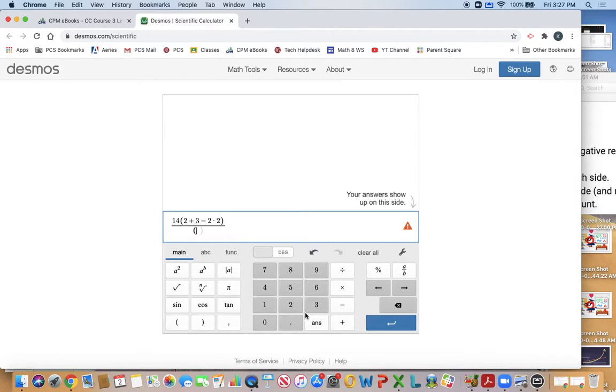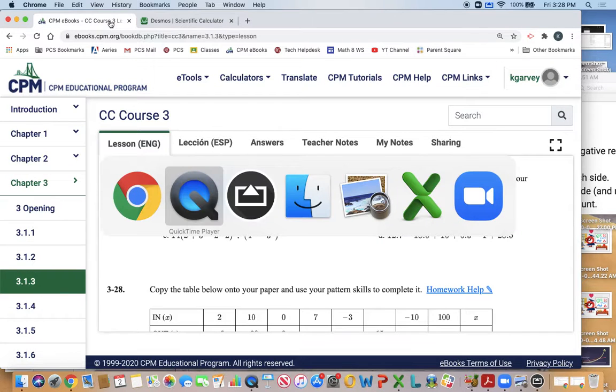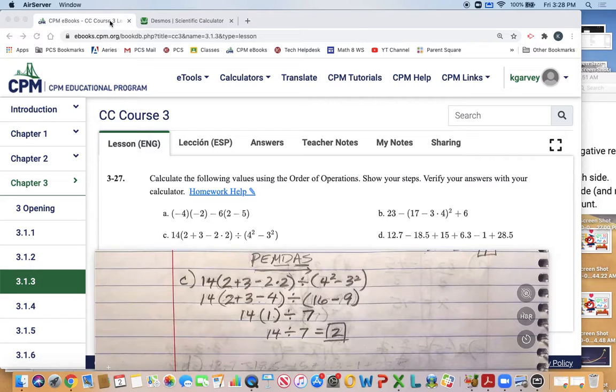And then underneath it is 4 squared minus 3 squared. All right, and you can see once we've done typing it in, the answer is right here, which is the same as the answer that we have on our paper too.